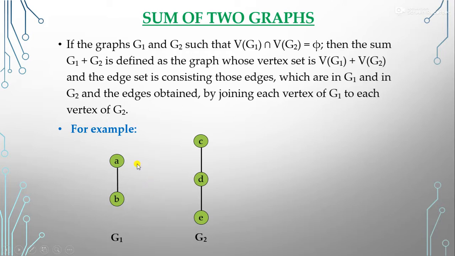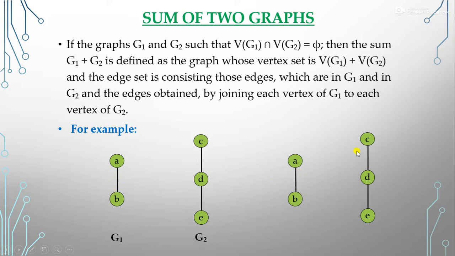Here our vertices are A, B and here our vertices are C, D, E. So the intersection of these vertices is empty. After that, when we find the graph of G1 plus G2, how many vertices are in this? We have all the vertices of G1 and G2, that is A, B, C, D, E. And if we talk about the edges, we take all the edges which are in G1 and G2.